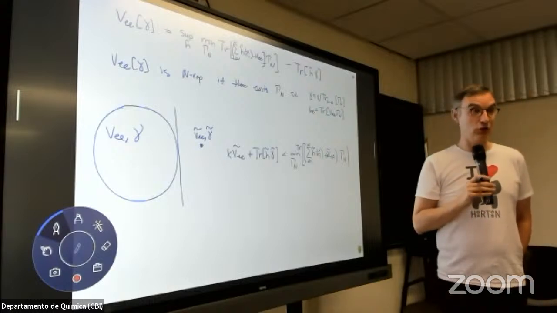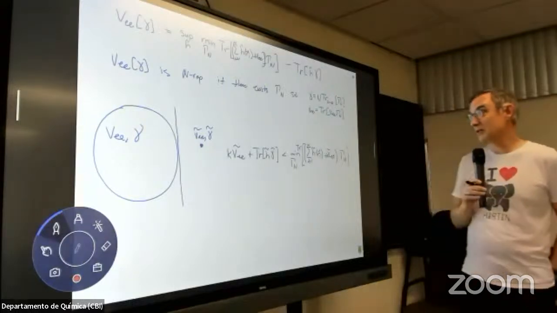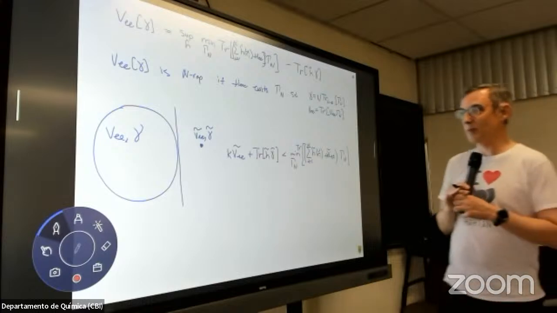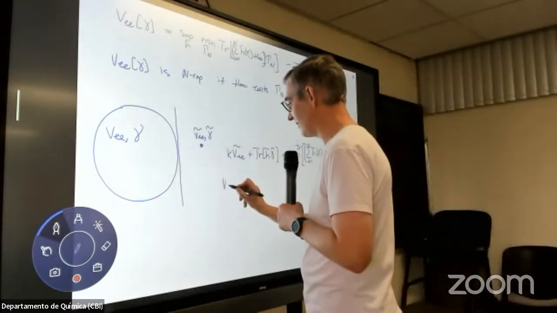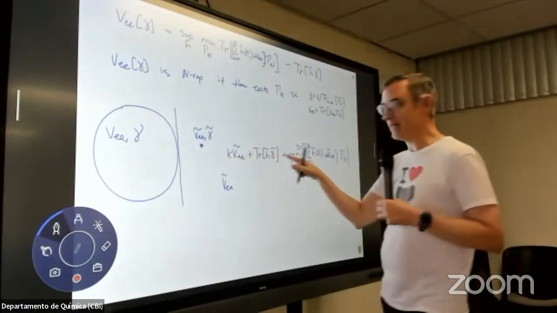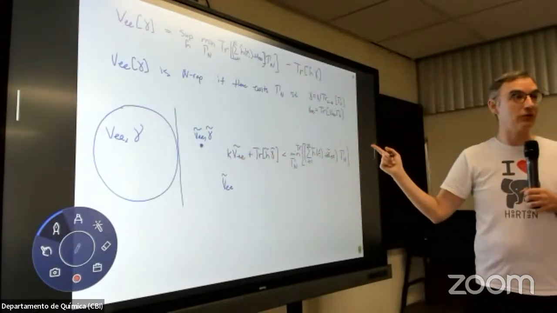Is it especially useful? Well, not exceptionally so. It's a little bit more useful to write it as, now let's play the game again, VEE tilde, I'm going to divide everything through by K because I'm allowed to do that.